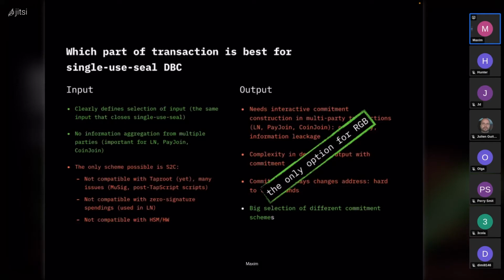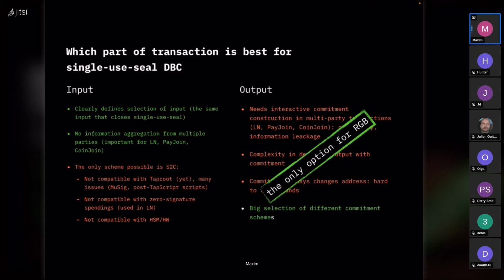And if we go back to the story where we analyzed where to put the commitment, we end up with the fact that it's only possible for RGB to use the output for the commitment. But if we use pay-to-contract and the existing scheme, it is really complex to build proper, efficient wallet software with it.